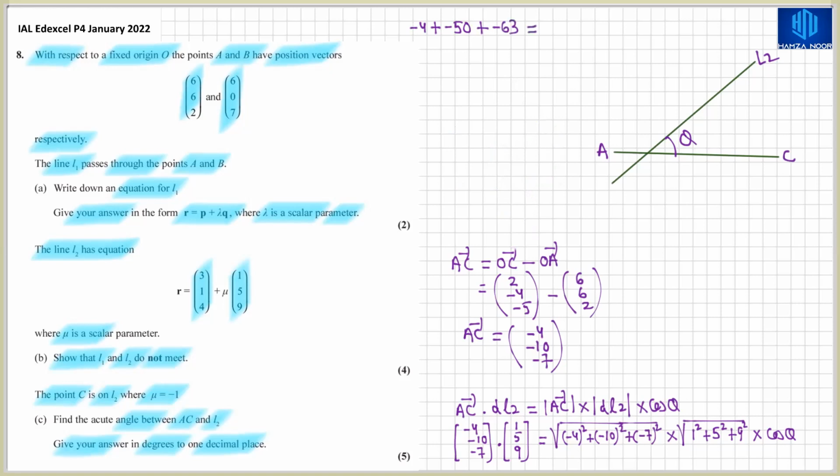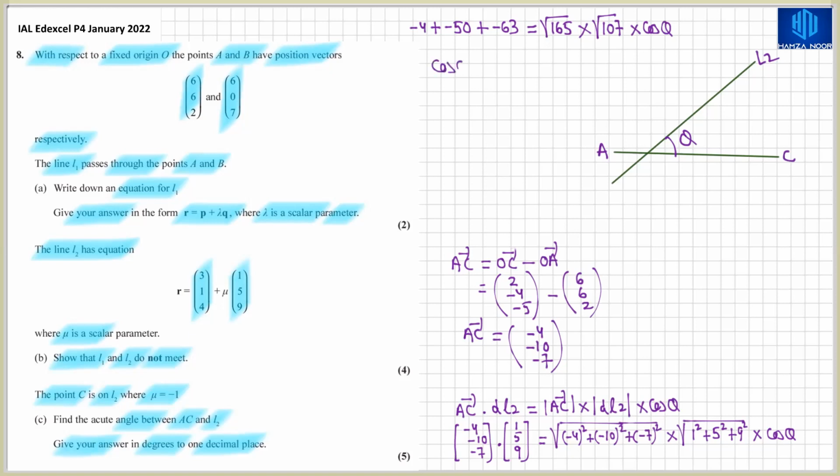And this will be equal to the magnitude of the vector AC, which is under root of 16 plus 100 plus 49, meaning under root of 165, multiplied by the magnitude of the direction vector of L2, which is under root of 1 plus 25 plus 81, which is under root of 107, multiplied by cos theta. So therefore, -4 minus 50 minus 63 is -117.